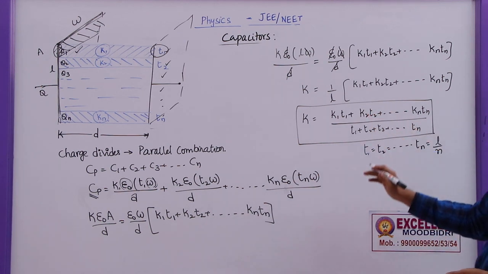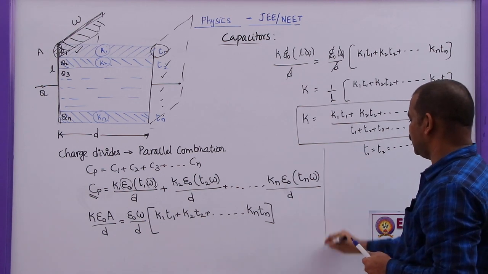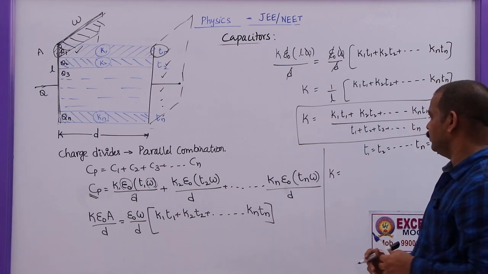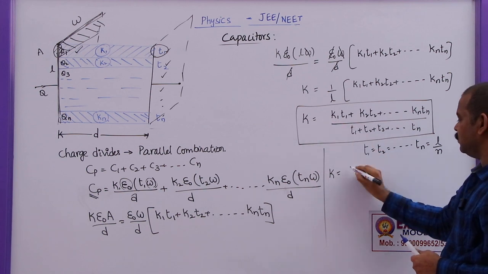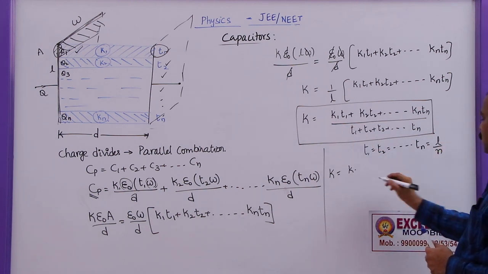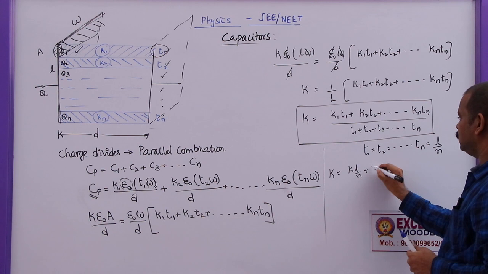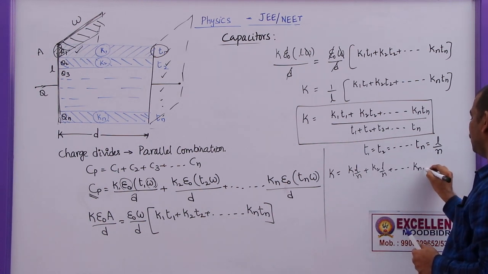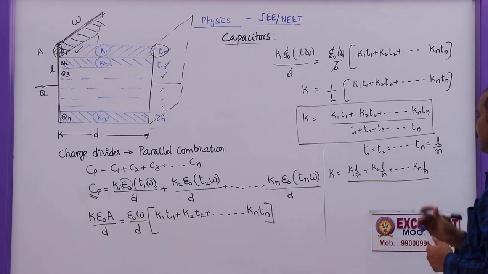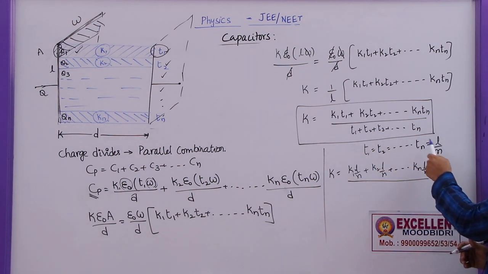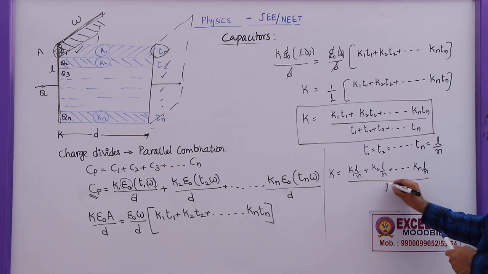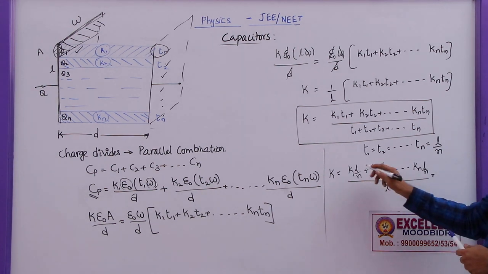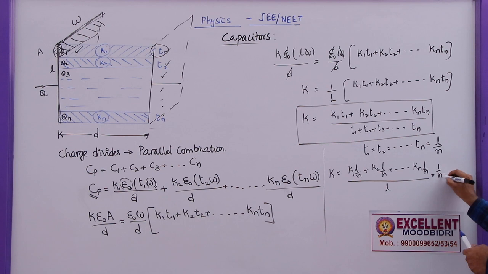Now, if you write this here, how can you change this formula? So, K will become K1 times T1 equal to L by N, K2 L by N and so on, Kn L by N, divided by T1 plus T2 plus T3 and so on, the total will become L. So, here L gets cancelled, this is 1 by N times K1 plus K2 and so on, Kn.